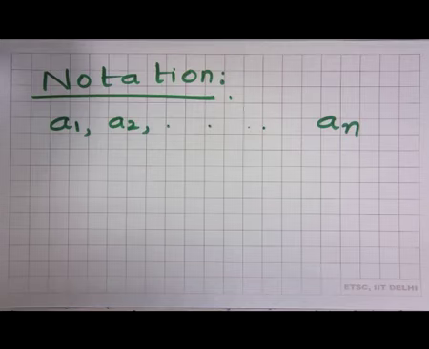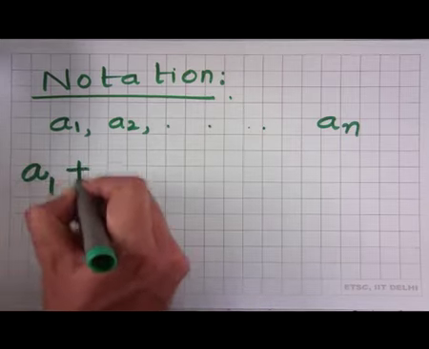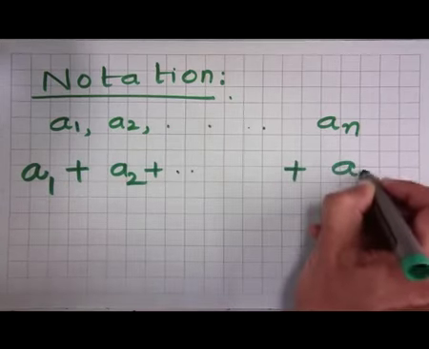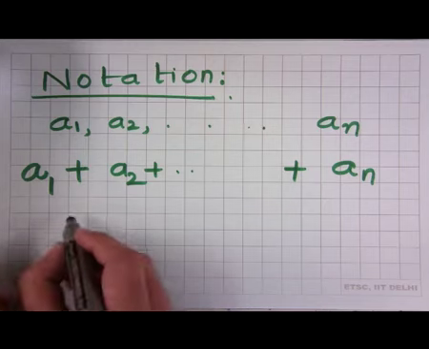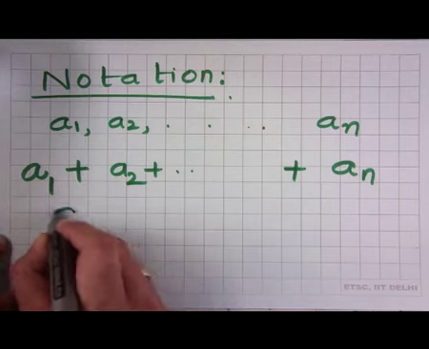And we would like to deal with the sum a1 plus a2 plus etc. plus an. This finite sum, which can always be found by normal addition and which always amounts to a finite value, can be represented in a compact fashion using sigma notation.